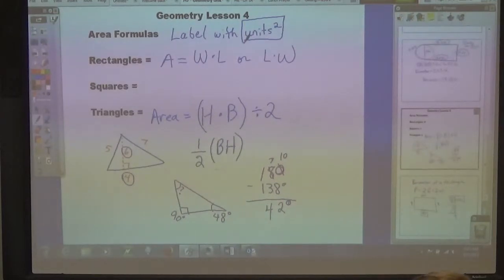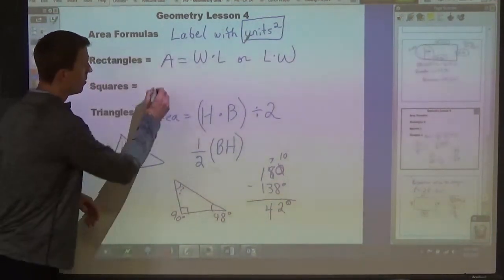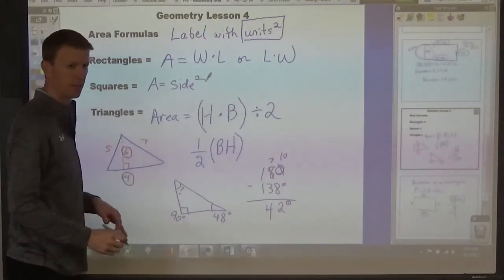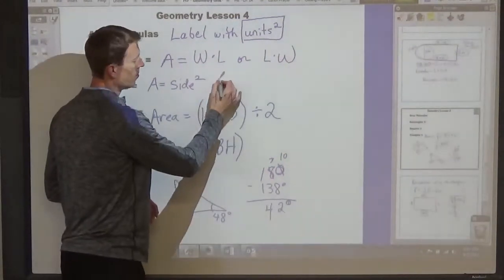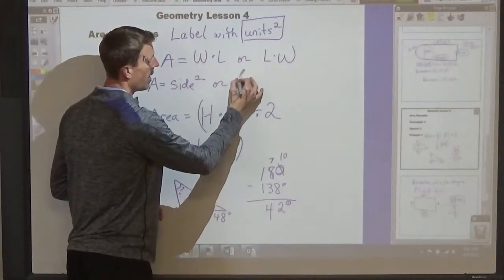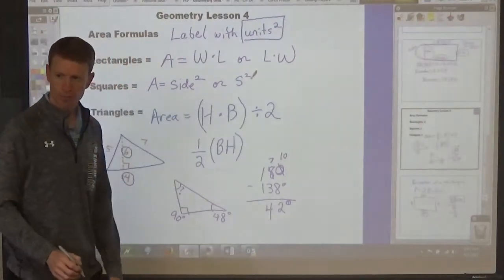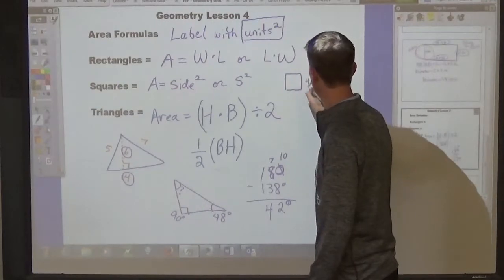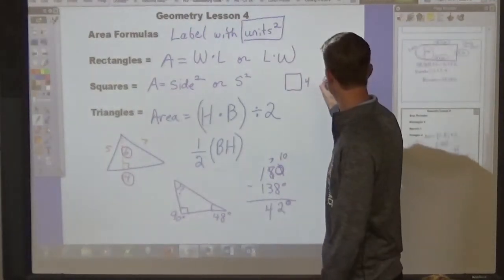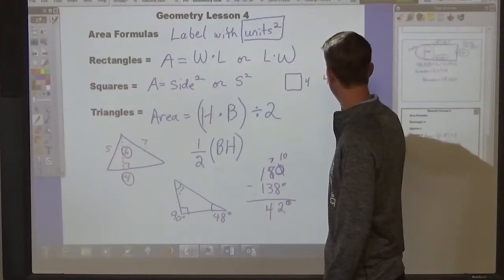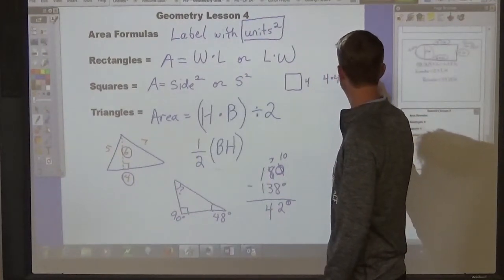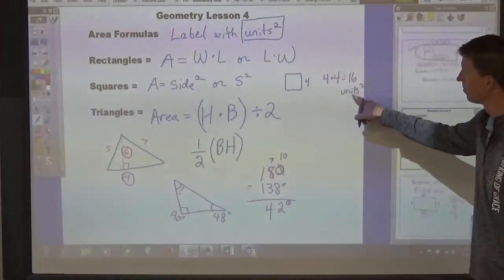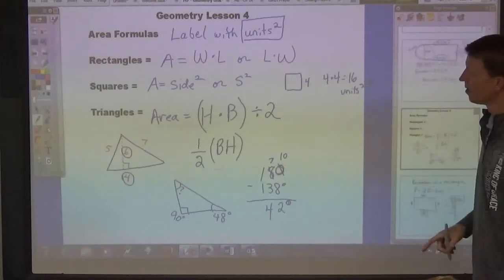Yeah, so you can just multiply the number by itself. The area is equal to the side squared. Or you can write S squared. That means if the side is 4, then you do 4 times 4. 16 units squared. Okay? Any questions on that?